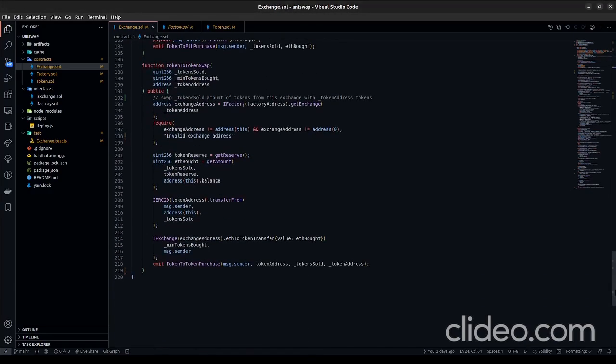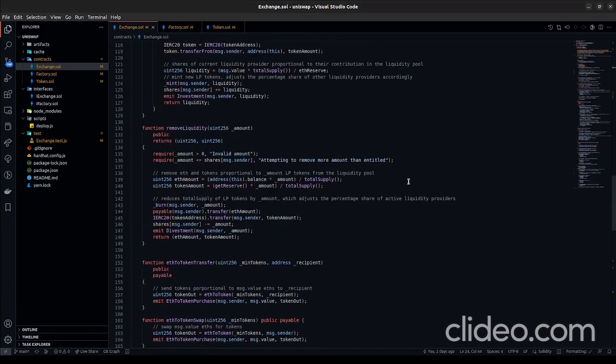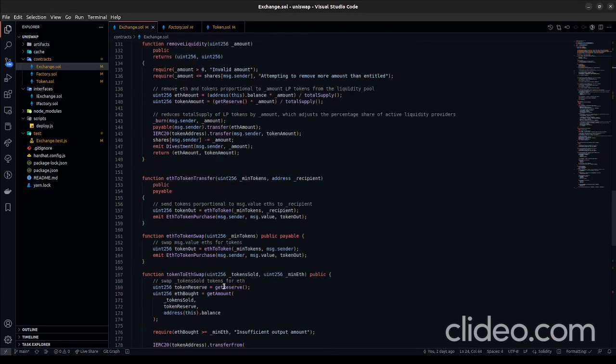Now we'll look at different types of swaps allowed by the exchange. First we'll look at the ETH to token swap. This is done using the formula discussed earlier. Before that, we check if we specify the maximum slippage allowed using min tokens. So the user who is calling this function expects to receive at least these many tokens.